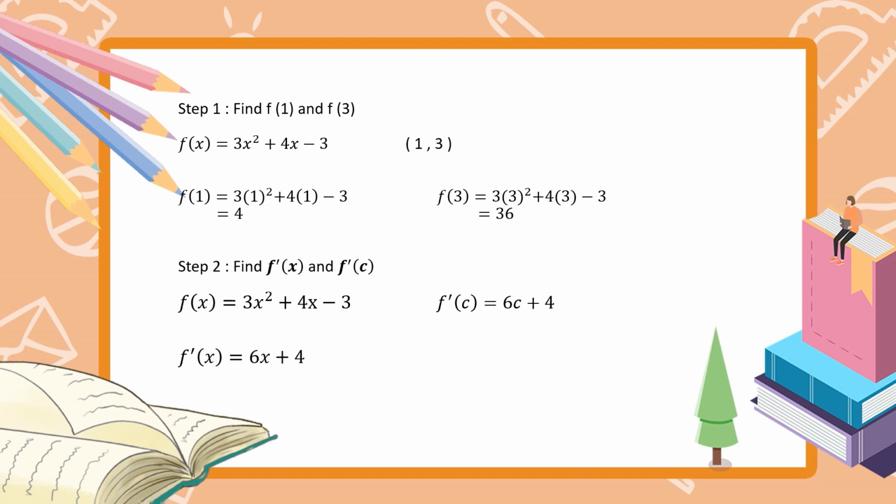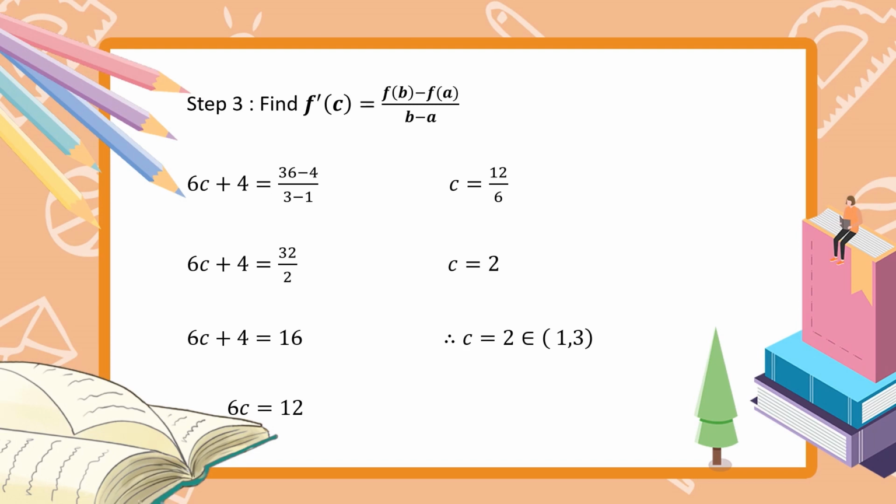Next, for the second step, we find f prime x and f prime c. Based on f(x) equals 3x squared plus 4x minus 3, we differentiate the function to get f prime x equals 6x plus 4. Then, to find f prime c, we substitute c and get f prime c equals 6c plus 4.